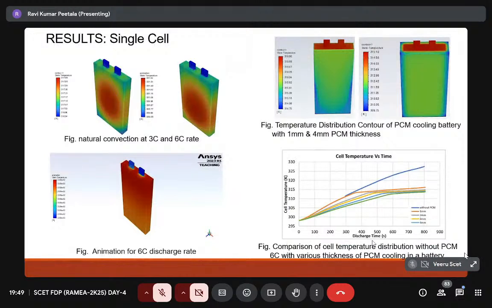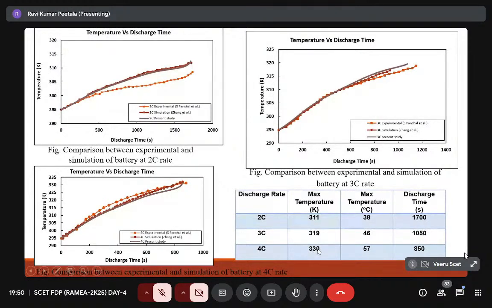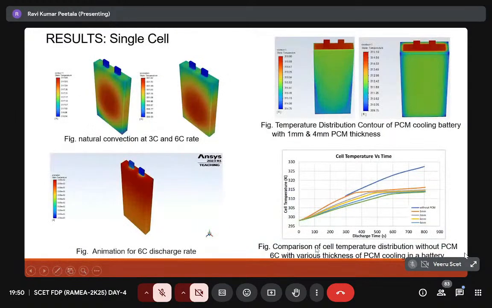Now I use 3C and 6C rates with various PCM materials. Here I added PCM, such that the battery temperature decreases drastically, from 332 and 350.